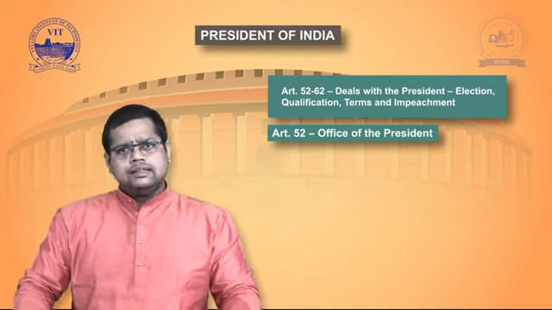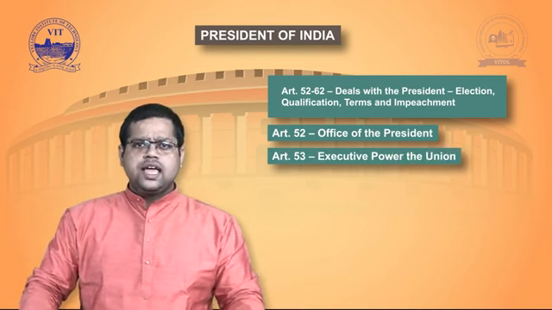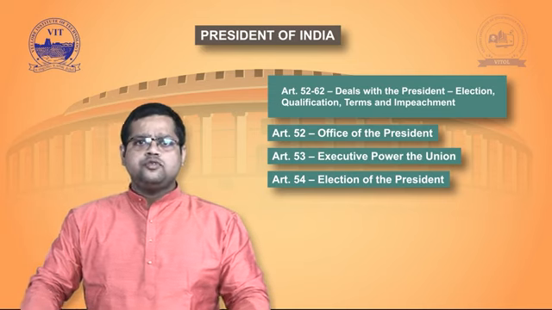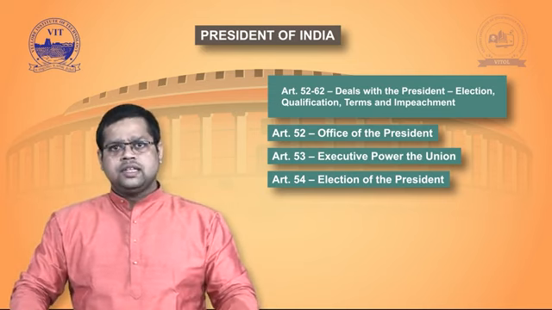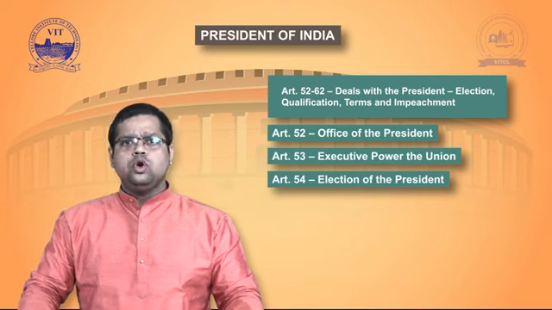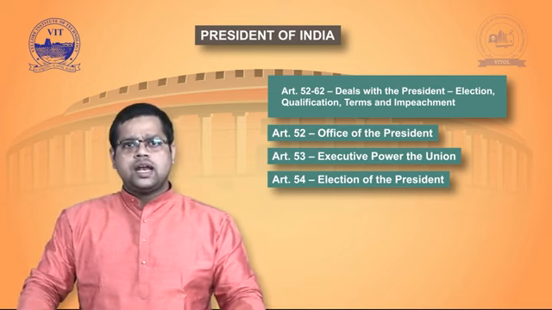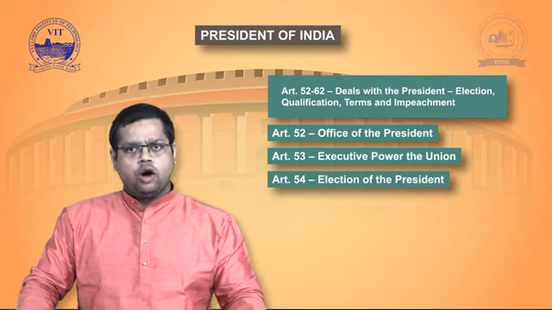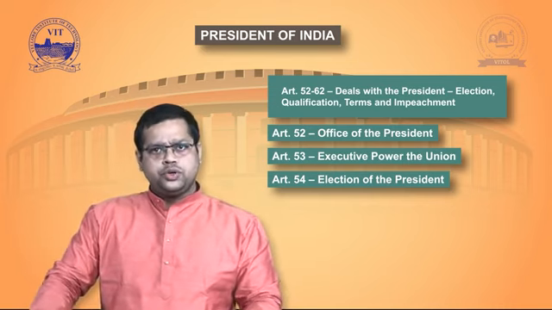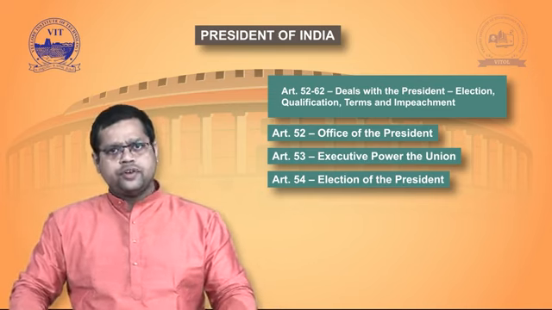The next article, Article 53, deals with the executive power of the union. That is, what executive power does the union possess? As we already discussed, executive power is the power to execute the laws as well as other aspects of the law. When we look at this, what is the executive power of the union and who enjoys it?